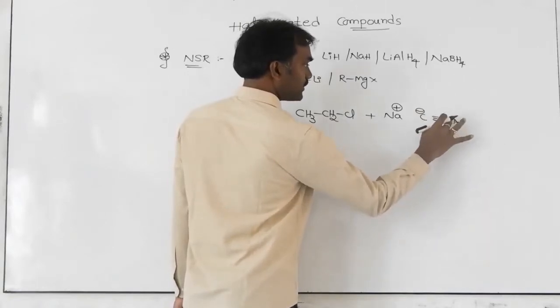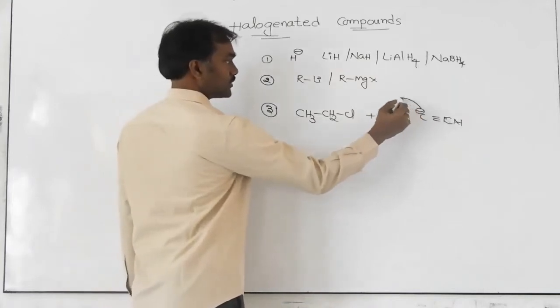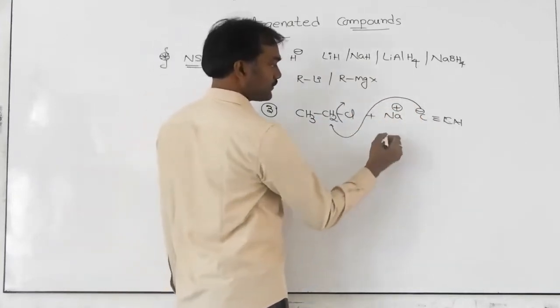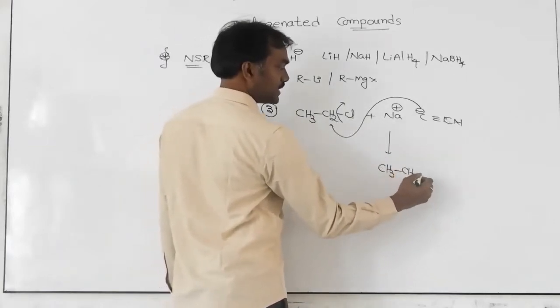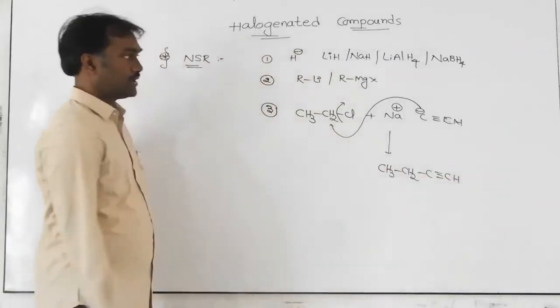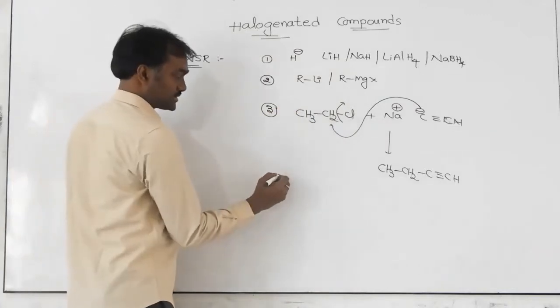Any negative species treated with this: a nucleophile is coming, another nucleophile is going. So you are getting CH3CH2C≡CH.